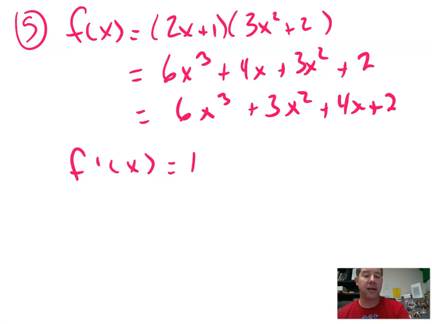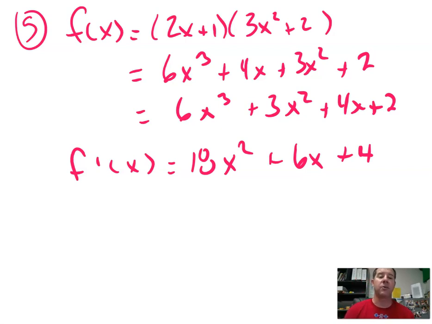Multiply the front by 3, I get 18x squared, subtract 1, plus 2 times 3 is 6x, subtract 1, plus 1 times 4 is 4, and then the derivative of 2 is 0, so that part goes away. So the derivative would be 18x squared plus 6x plus 4.